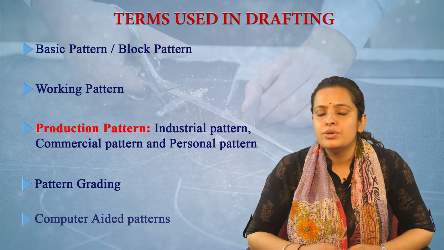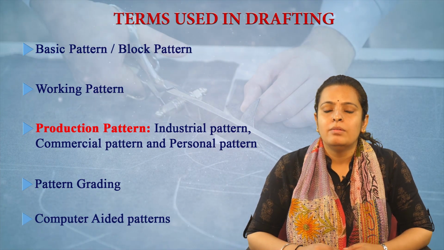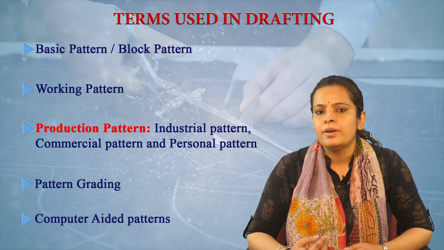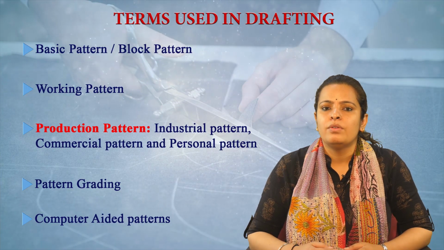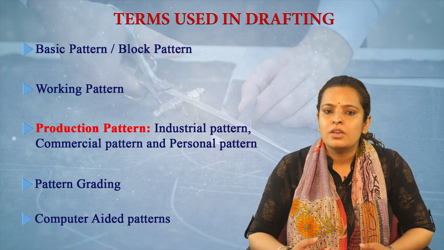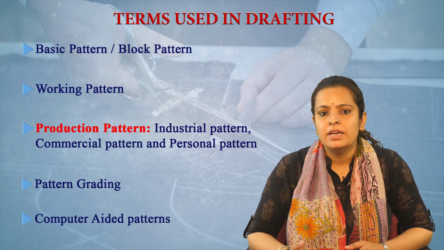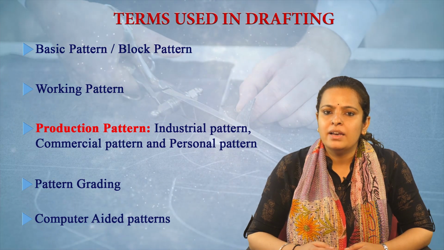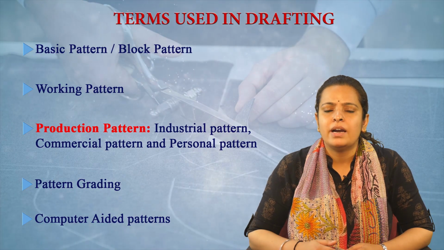Then we have computer aided patterns. At present, lots of designers don't go for pen and paper pattern making. There are lots of software packages which make our work easy. With that software, they develop patterns, which reduces the time for creating a pattern.